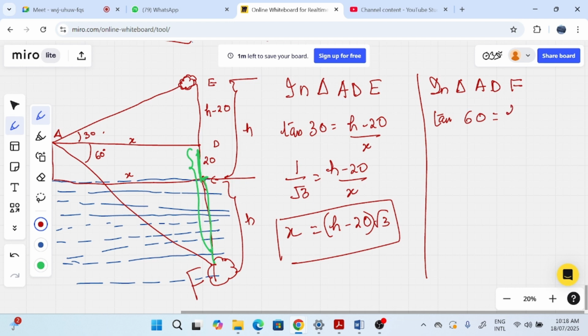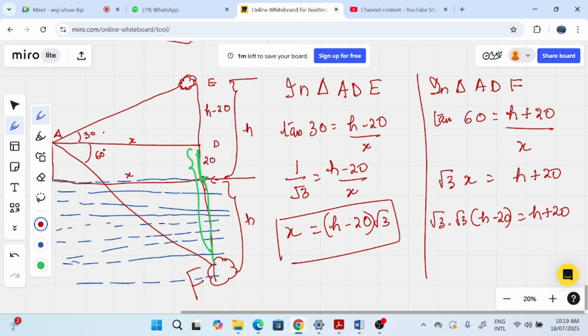So you will take it as h plus 20 by x. Tan 60 is root 3, so root 3 x equals h plus 20. But x is already h minus 20 root 3. So you will say root 3 into root 3 bracket h minus 20. So 3 into h minus 20 equals h plus 20. You solve it.